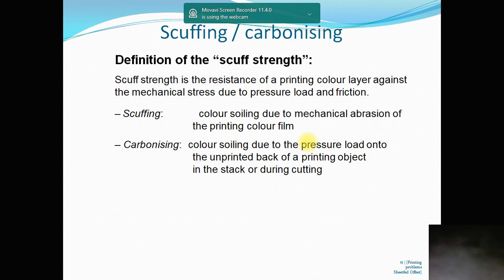Then the other one is the definition of scuffing or carbonizing. This type of problem may occur after printing, when it is going for finishing operations. In finishing operations, we find such scuffing or carbonizing. I think you might know what finishing includes.